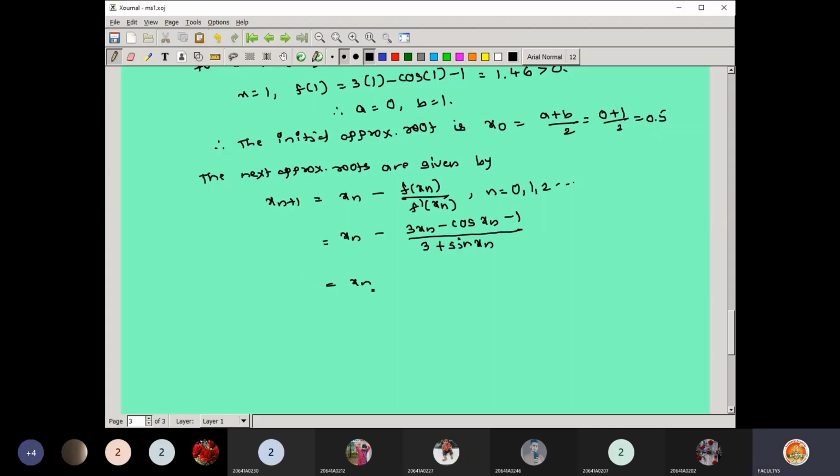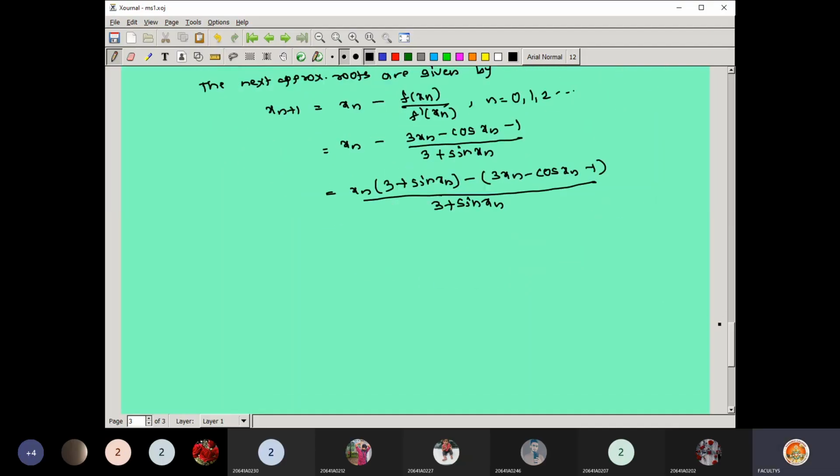So this is xn into (3 plus sin xn) minus (3xn minus cos xn minus 1), total divided by (3 plus sin xn). I am just making the simplification.